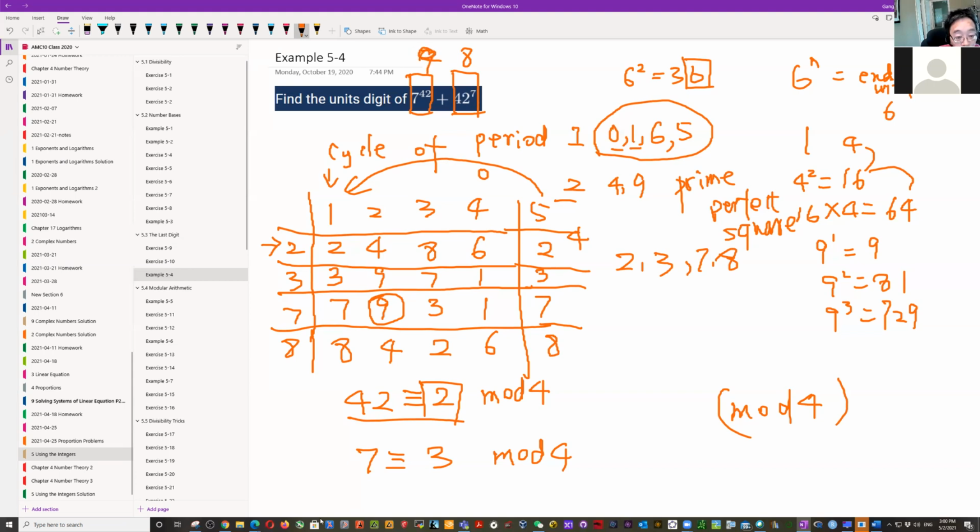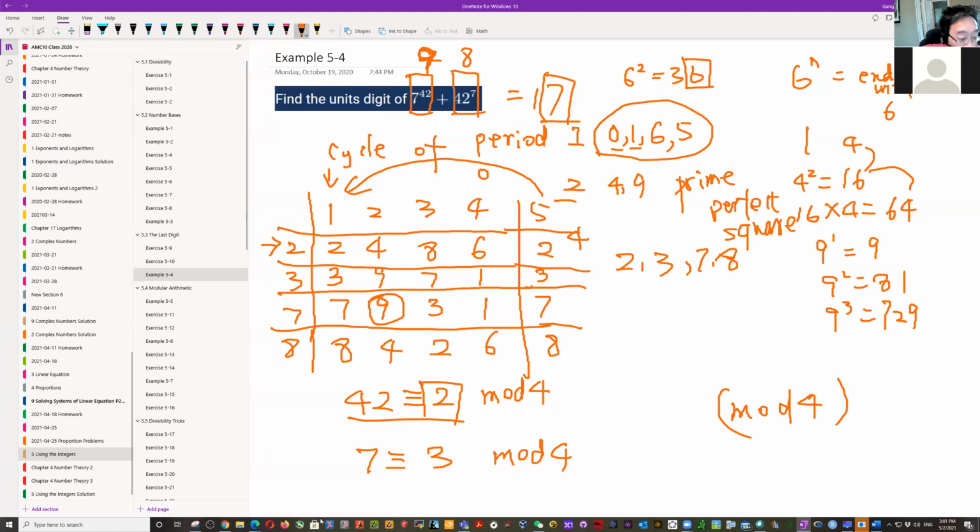So 9, and 2 to the power 3 is 8. So 9 plus 8 equals 17. And then the unit digit is going to be 7.